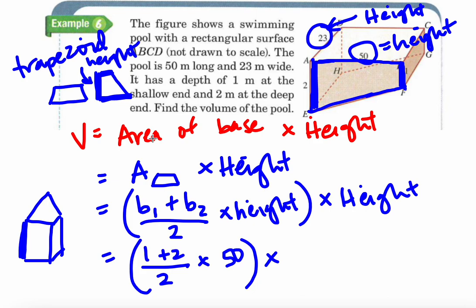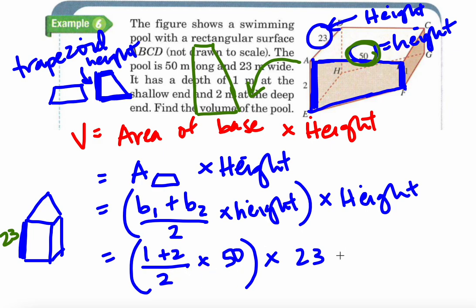Okay, so the 50 is the height of the trapezoid, if you were to turn it over and put it upright. I'll use the green to show you that. If we were to take this and turn it upright, it would look like this. So that's why the height would be this number. And then the big height would be the 23 on the side. Kind of have to move it in your brain a little.